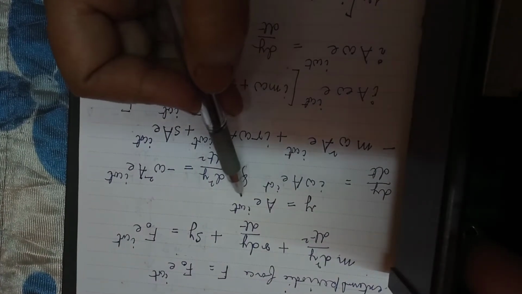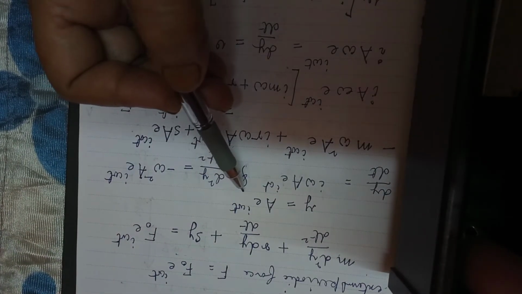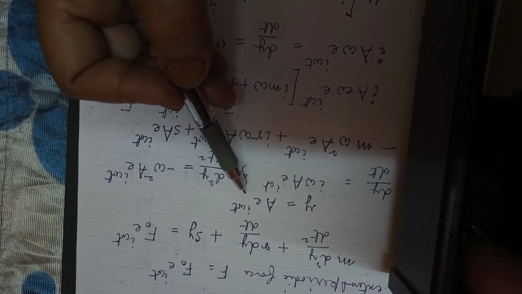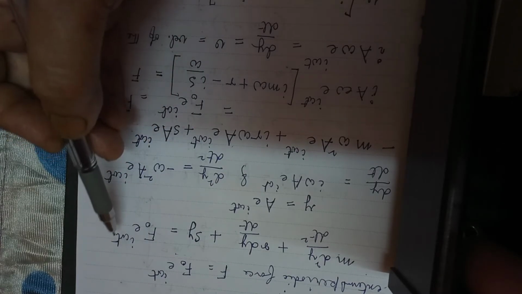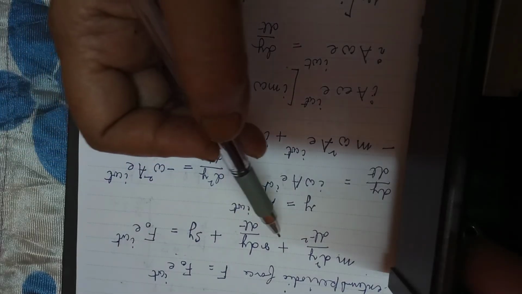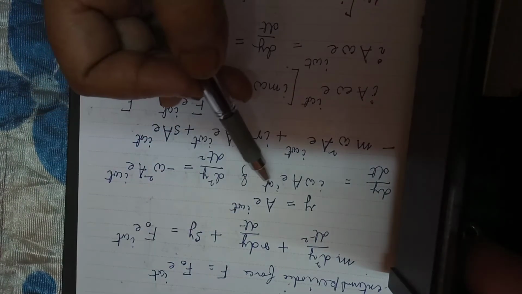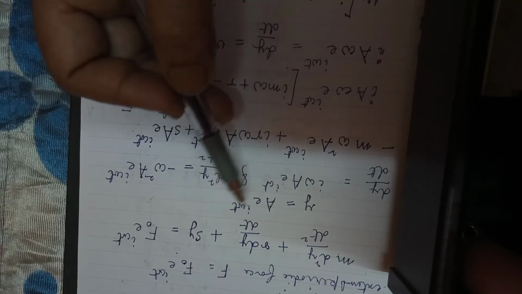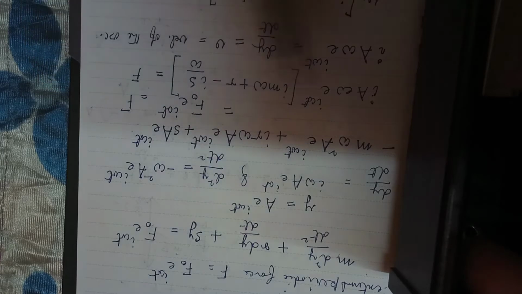When we substitute the solution, observe that the solution has an i factor, a cosine factor, because we knowingly apply an external periodic force. Why? To maintain periodicity in the system. So the solution will be periodic, and therefore we take it as A e to the power i omega t.